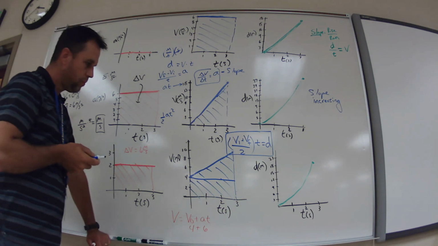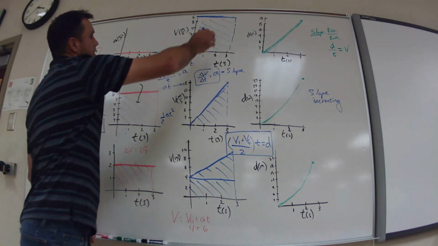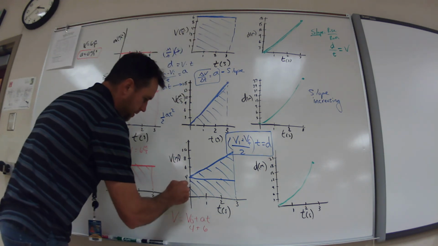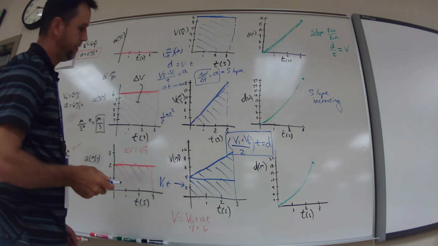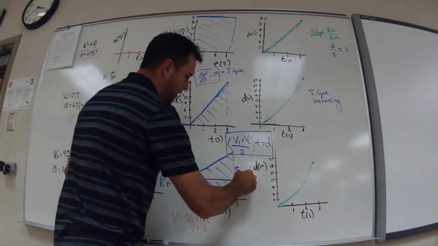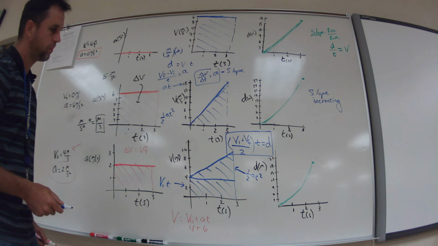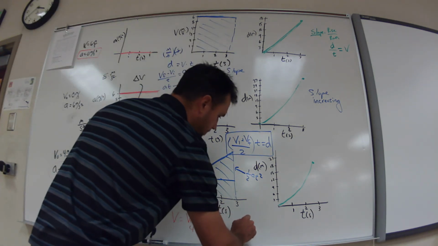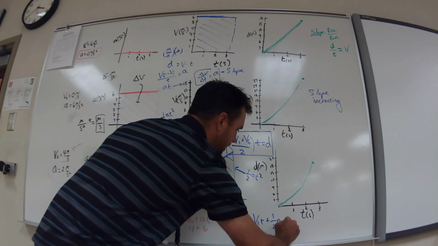Well, we've already talked about how a rectangle like this just has an area of V initial t. And the triangle, we've talked about having an area of 1/2 AT squared. So we could do displacement is equal to V initial t plus 1/2 AT squared.